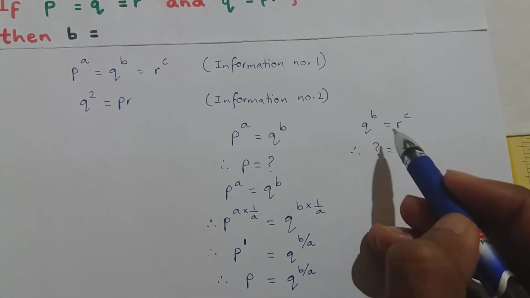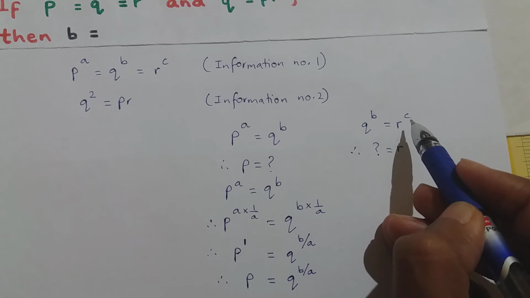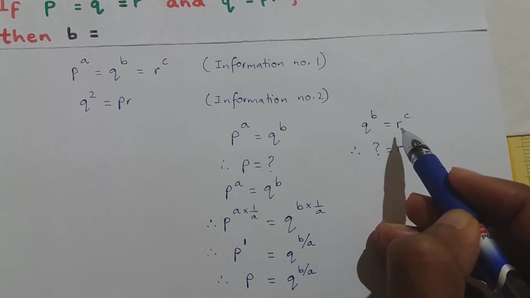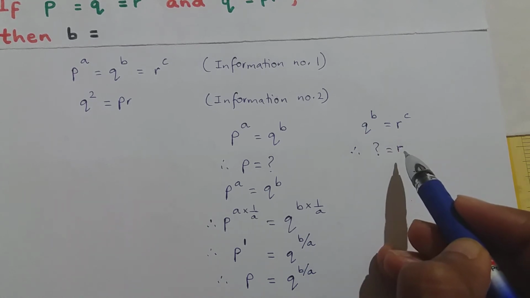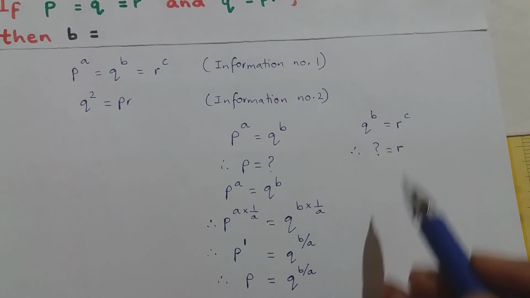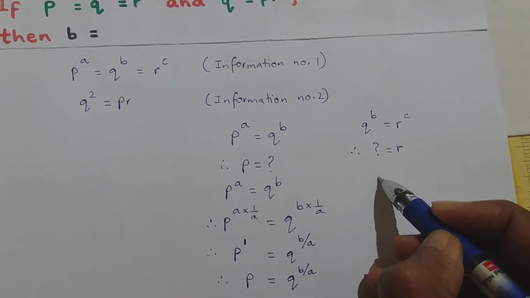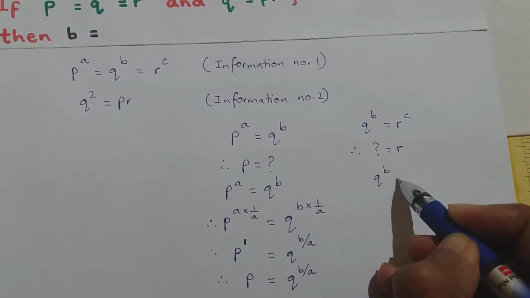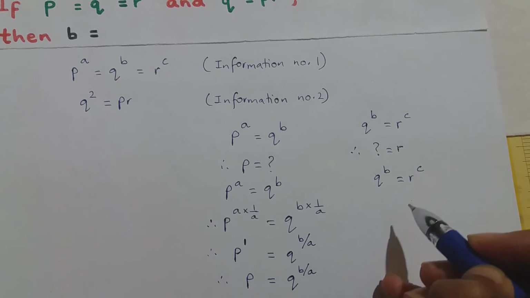From this equation we have to find out r. So let us solve this equation. q to the power b is equal to r to the power c.